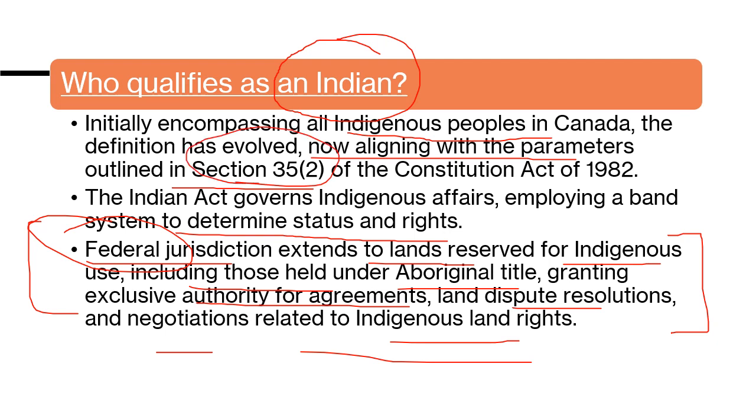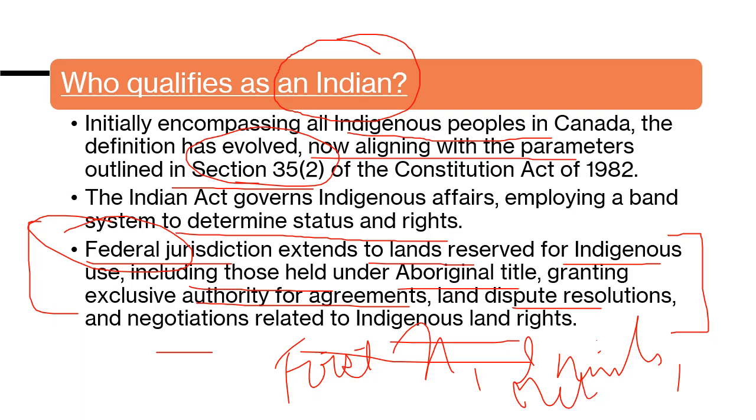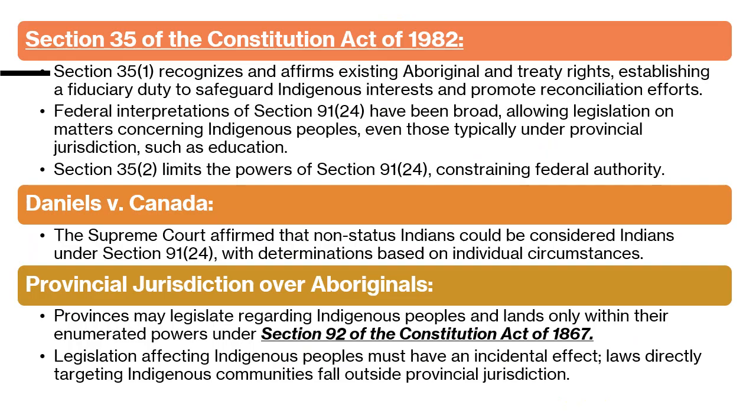Section 35 gives the definition. It says that First Nations people, then Inuit and Metis, are the three peoples that come under it. Section 35 of the Constitution Act 1982: whenever in examination you get a question related to rights of indigenous people, the first thing you have to mention under the rules is this section.